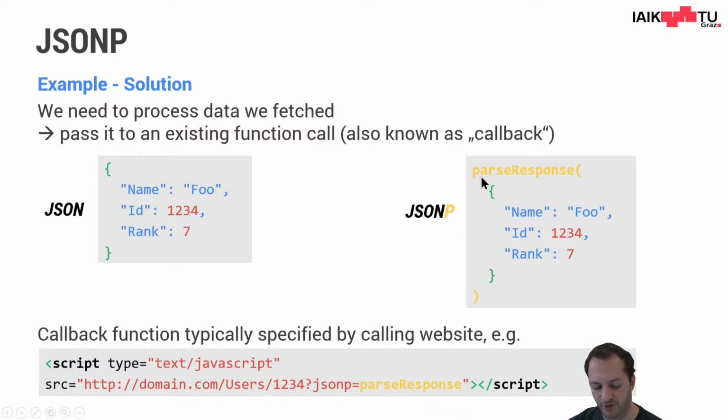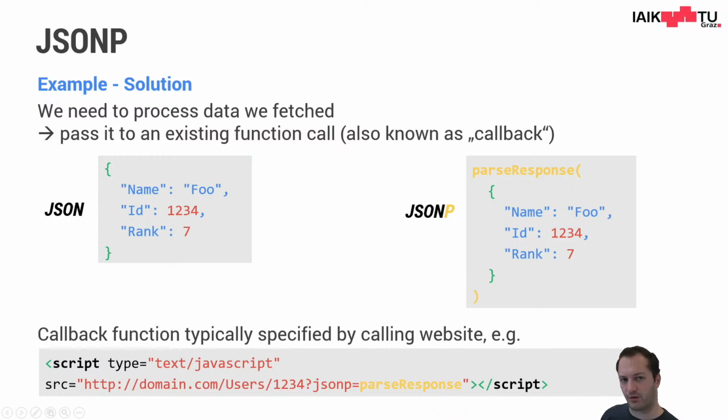So in other words, it would call the function parse response and pass this JavaScript object as the first parameter. So instead of just loading this JSON object without any name attached to it, it would actually wrap it within a function call and give it there as an argument.